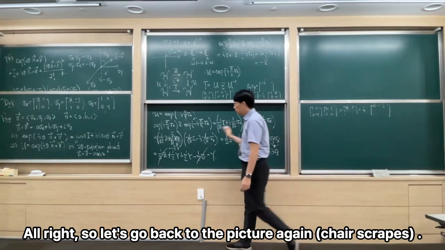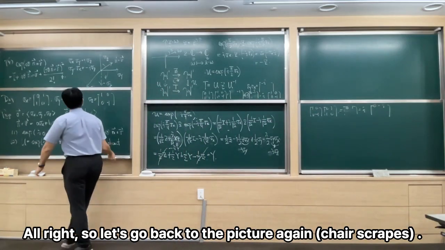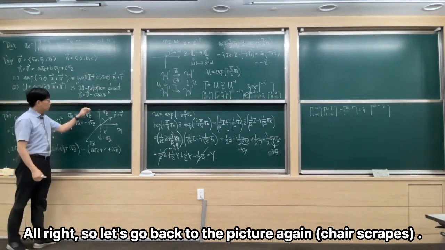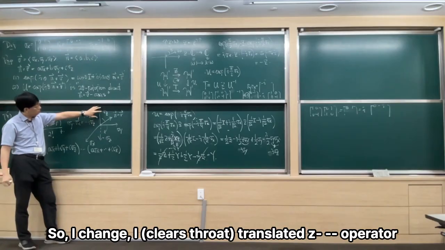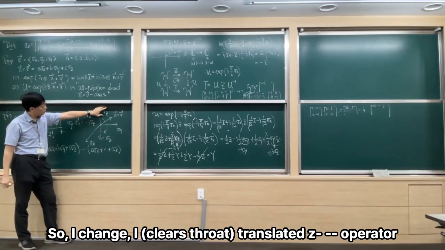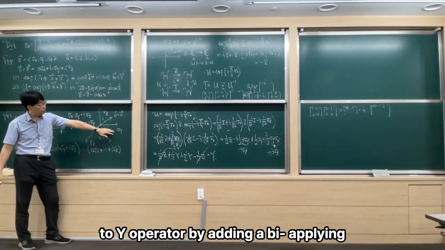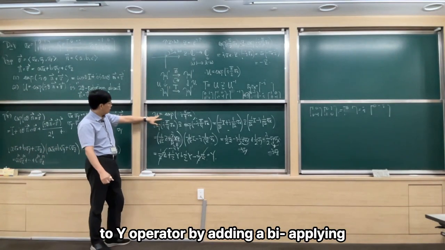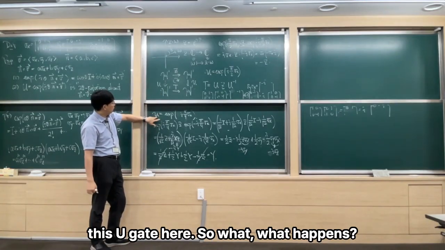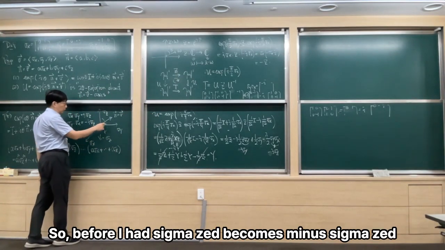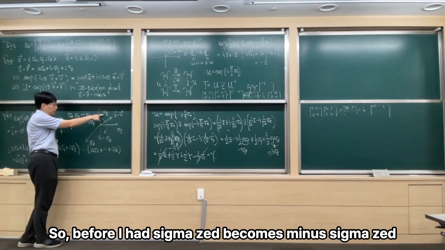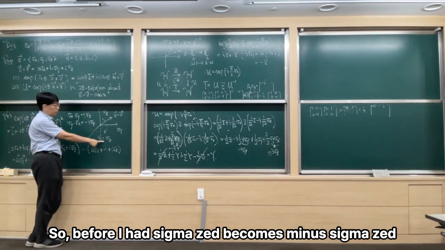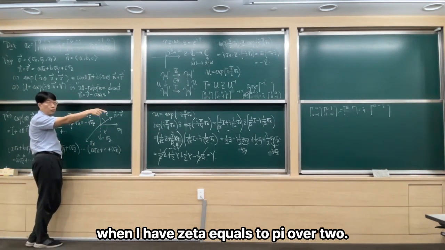All right, so let's go back to the picture again. So I translated the z operator to the y operator by applying this U gate here. So what happens? Before, I had sigma z becomes minus sigma z when theta equals pi over 2.